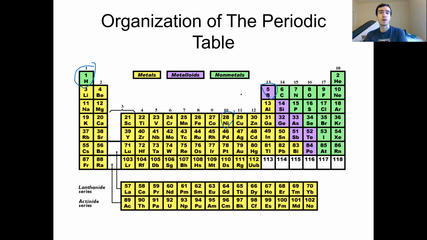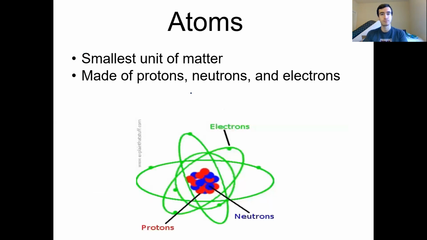We'll talk a little bit more about exactly how the periodic table is organized later on. So for now, just know that each one of these boxes is an atom, and each individual atom has different properties that separate it out from the other atoms on the table. And we'll talk about exactly what those are in just a second.